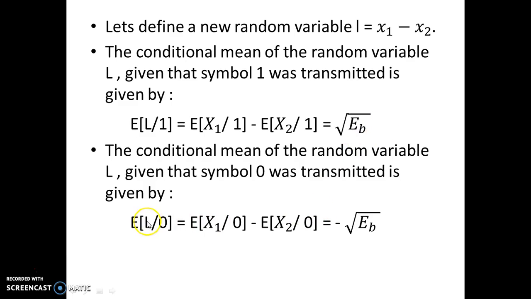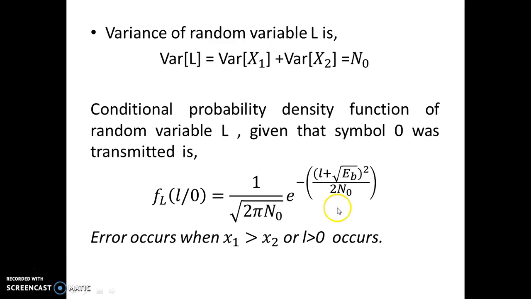We have already obtained that when symbol 0 was transmitted, the conditional mean is minus root Eb. So l minus mean becomes (l plus root Eb) whole square, divided by 2 times variance, 2 N0.